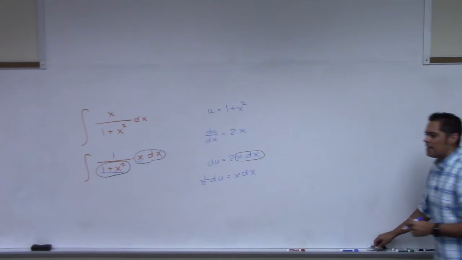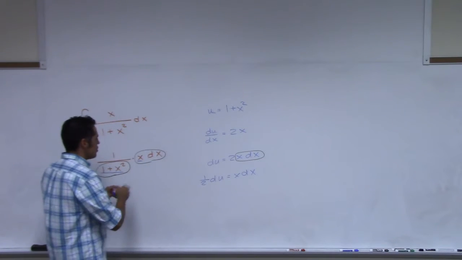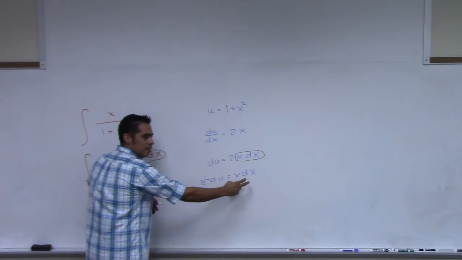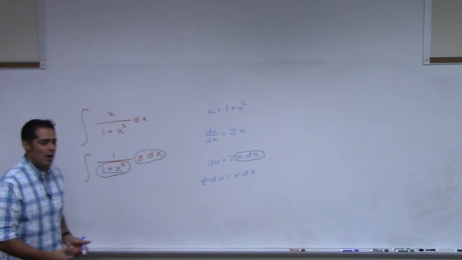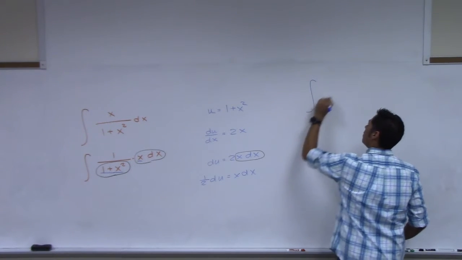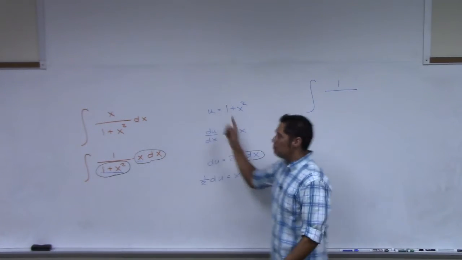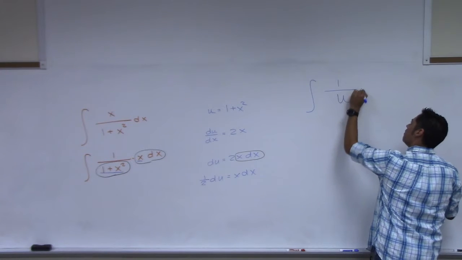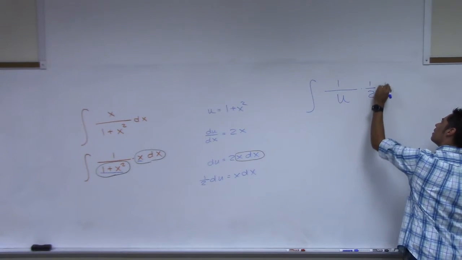So this is almost like a match game, like you're trying to match this with something over here, and then replace this with this. So let me rewrite the whole problem. The integral becomes 1 over what? This thing, which is u, and then times 1/2 du, right?